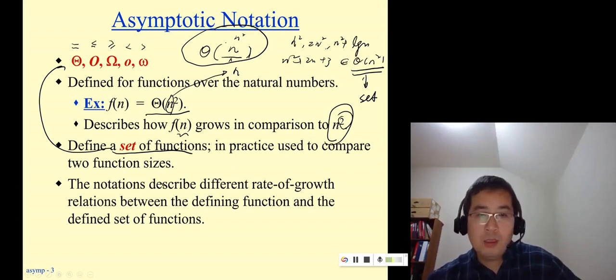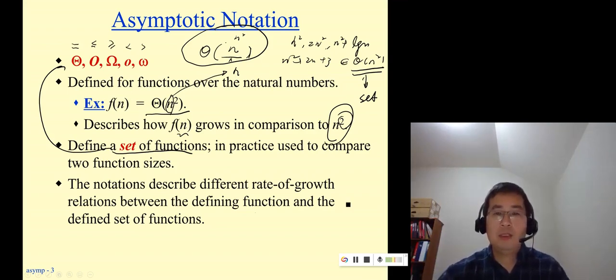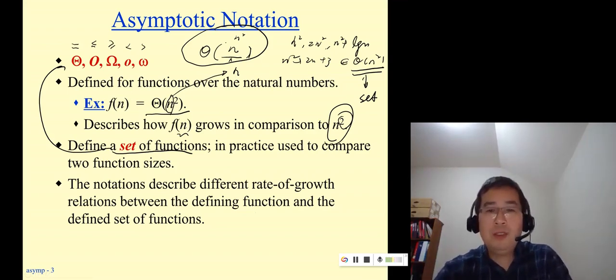And the notations describe the rate of growth relationship between the defining function and the defined set of functions. The defining function is the one which will be defined, just like this one.